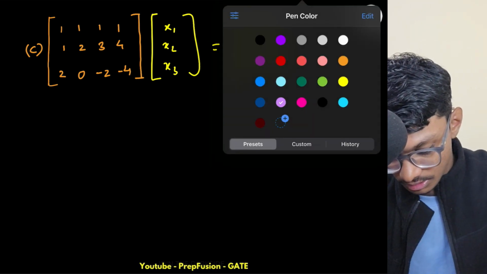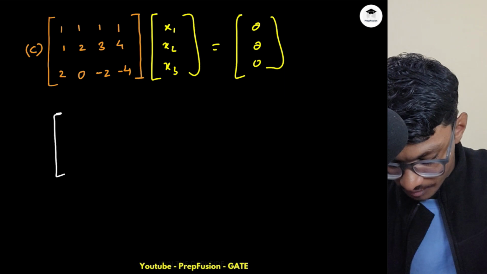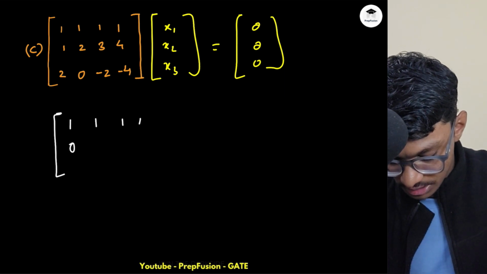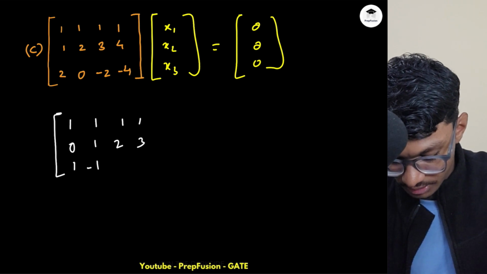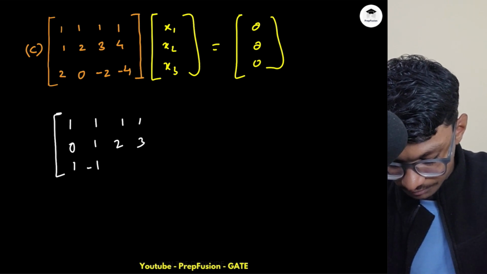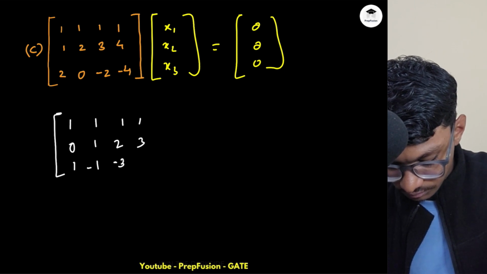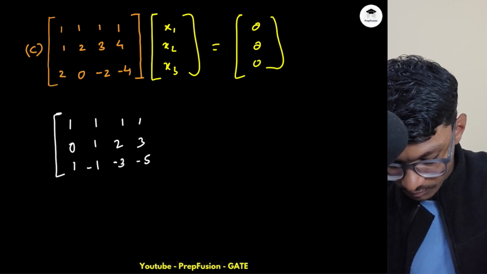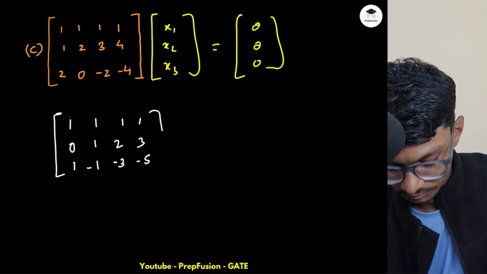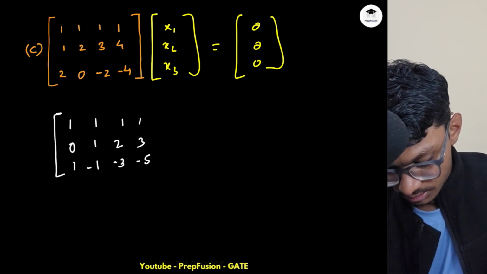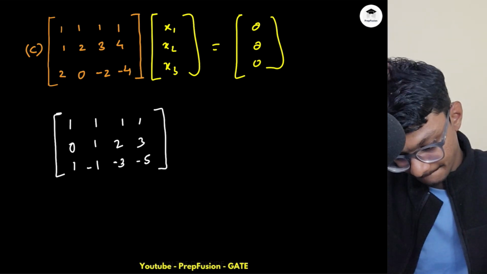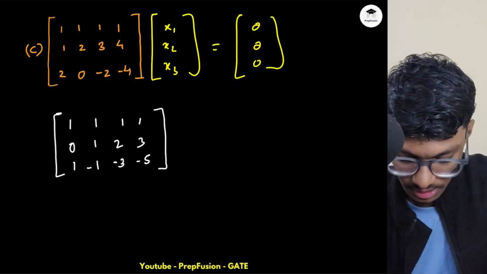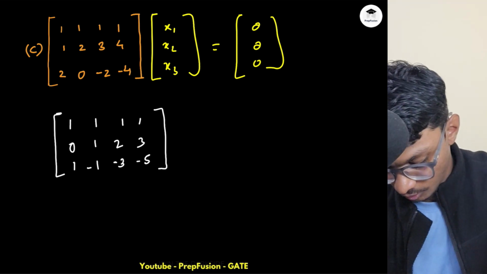Let me again convert this into row echelon form. So this is 1 1 1, this is 0, this is 1, 2, 3, this is 1, minus 1, minus 3, minus 5. Okay, I made a mistake.